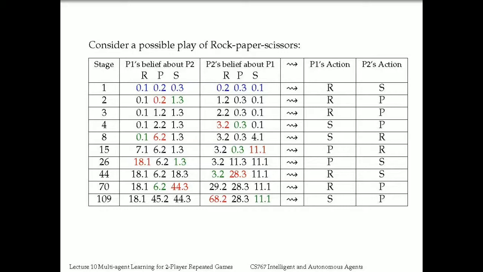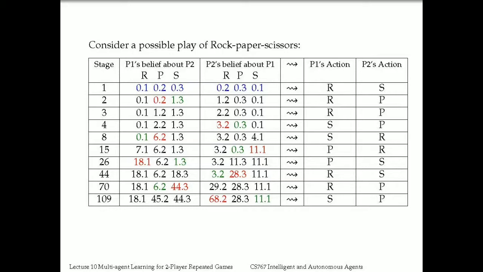It does not converge only in terms of the actions that the agents play, but also in terms of the beliefs that they hold. If you look at the sequence of empirical distributions held by the players, it does not tend to any fixed vector, right?